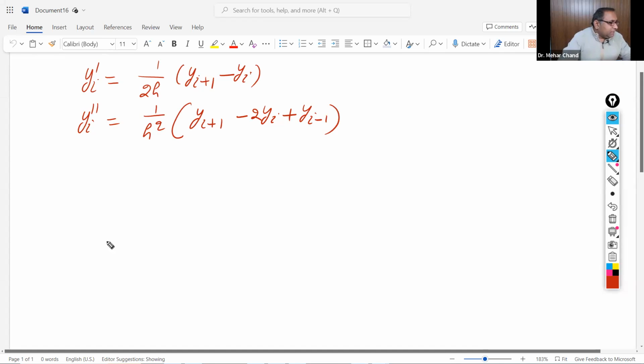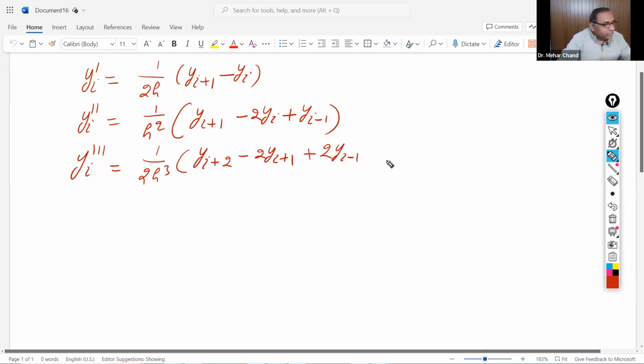For the third order, yi triple dash will be equal to 1 upon 2h cube, yi plus 2 minus 2yi plus 1, plus 2yi minus 1, then minus yi minus 2.